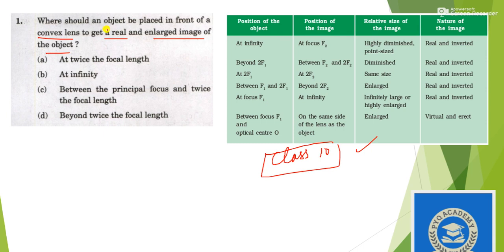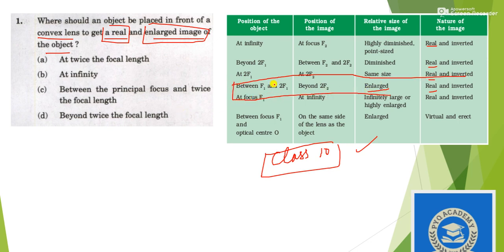It is asking about the position of the object in which the image will be formed real and enlarged. In the image column this is real, real, real, and real, but in the size column this is enlargement. So our answer should be from this column.